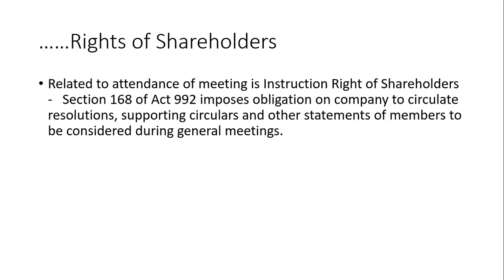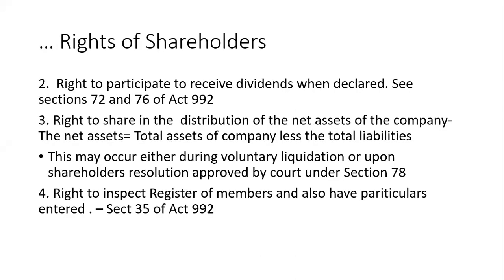So that will be your own liability. So let's keep that in mind. Another right which a shareholder has got is a right to receive dividends. The right to receive dividends when declared.